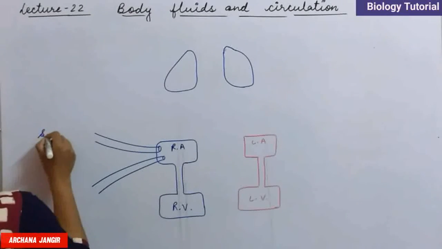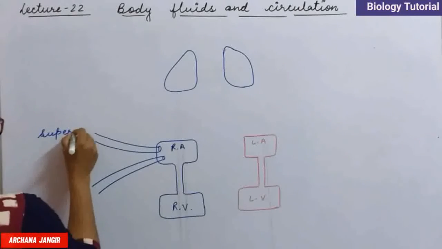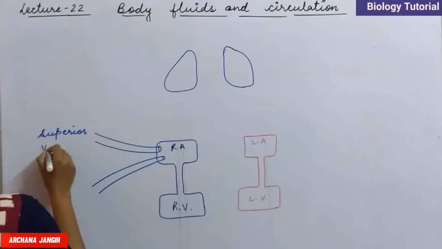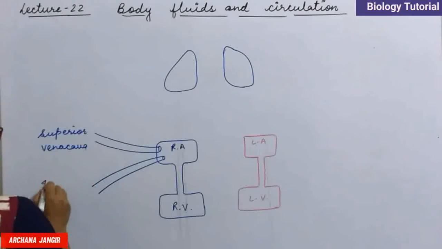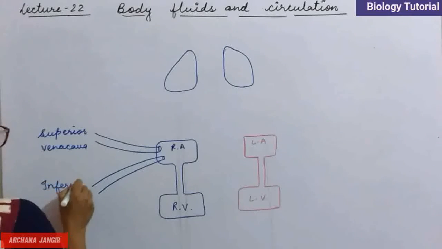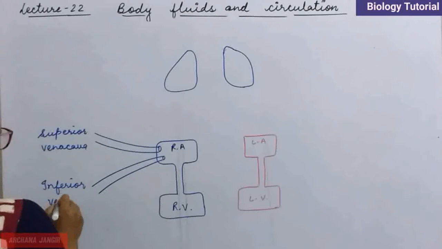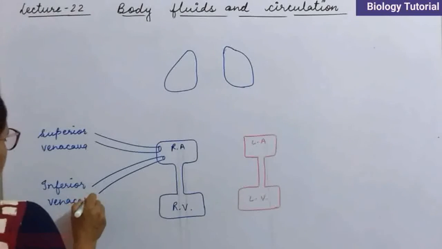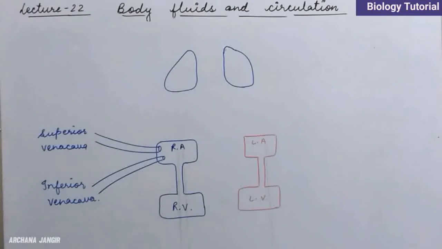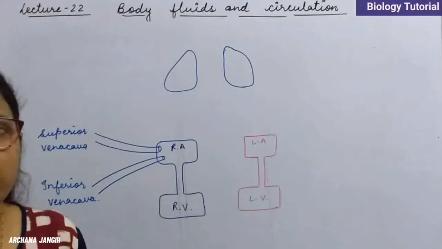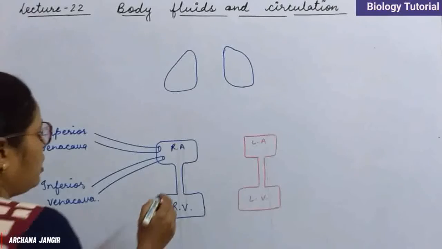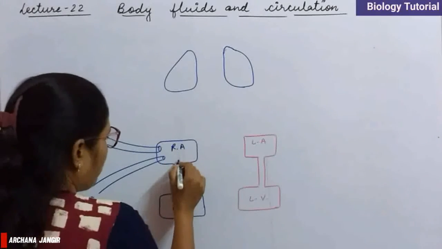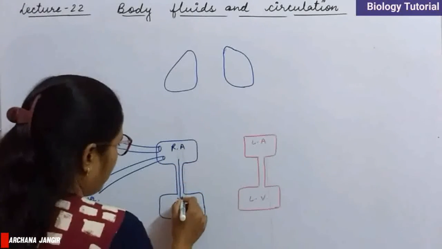So this is the superior vena cava and here is the inferior vena cava. Now this deoxygenated blood from the right auricle goes into the right ventricle.